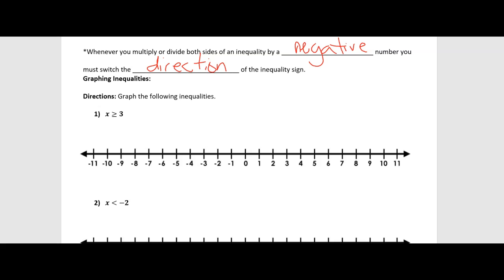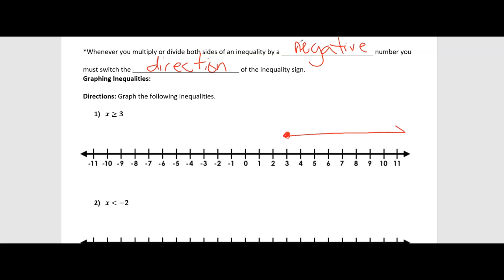I like to draw my inequalities slightly above the number line just so they're easier to read. So I'm going to put my point at 3. Since we're including 3, since it's greater than or equal to, that means x is allowed to equal 3. So I put a closed dot above 3. Since it's greater than 3, you can think about which side contains numbers greater than 3.